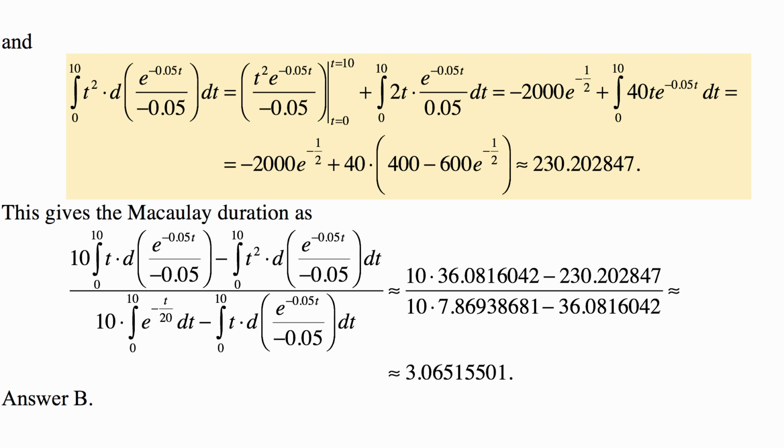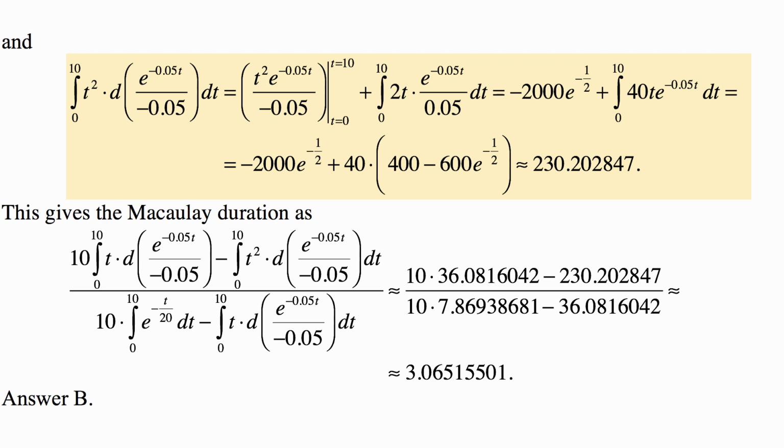That becomes negative 2000 e to the minus 1/2 plus the integral from 0 to 10 of 40 t e to the minus 0.05 t dt. So that's negative 2000 e to the minus 1/2 plus 40 times (400 minus 600 e to the minus 1/2).